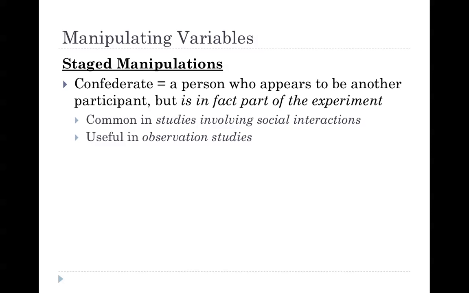So for instance, I had a student last year who went around trying to figure out under what conditions people are more likely to comply with the new no smoking rule on campus.